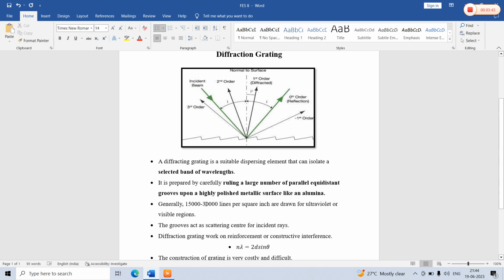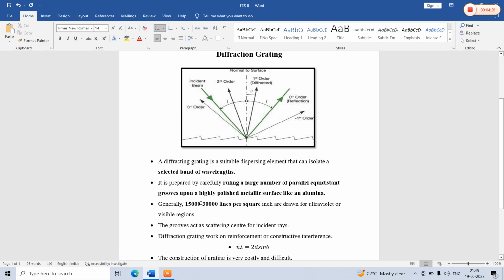Generally 15,000 to 30,000 grooves per square inch are drawn for the ultraviolet or visible region. On this alumina surface, this zigzag line indicates that the surface is made up of alumina. So generally 15,000 to 30,000 lines per square inch are drawn for the ultraviolet or visible region.